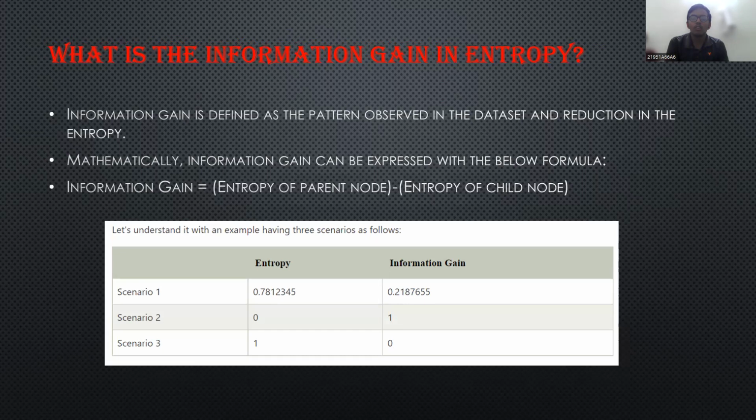In one column, entropy, and in another column, information gain. In the rows, scenario 1, scenario 2, scenario 3. In scenario 1, 0.78123450, 0.2187655.